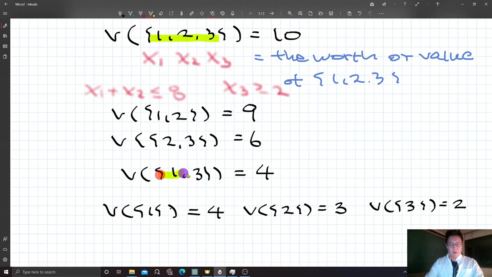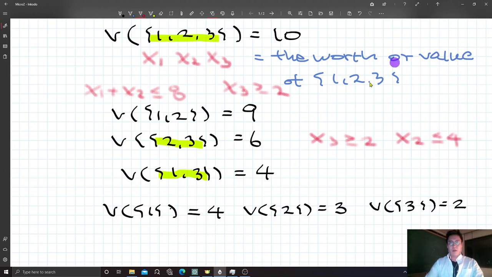What about 1 and 3? That is the worst coalition because player 1, by acting individually, can make the same surplus. So there is no chance that players 1 and 3 make a team. What about this one, 2 and 3? If we apply the same logic to this one, x3 should be larger than 2, meaning that x2 will be lower than 4.